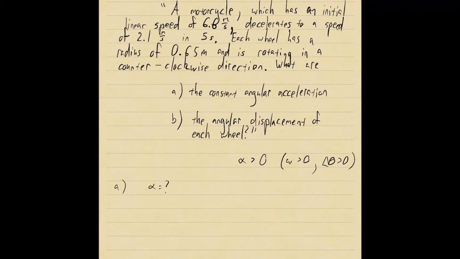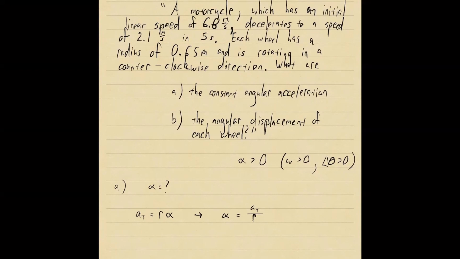So we're going to use the fact that the tangential acceleration is equal to the radius of the tires times the angular acceleration of the tires. And we're going to solve this for alpha. So I'm just going to divide both sides by r. So we have our angular acceleration is equal to our tangential acceleration divided by the radius of the tires, r.